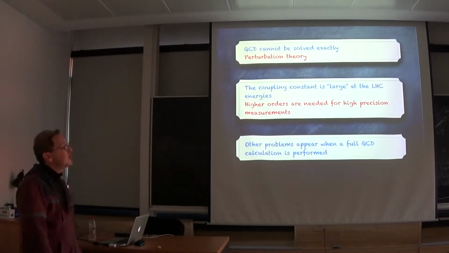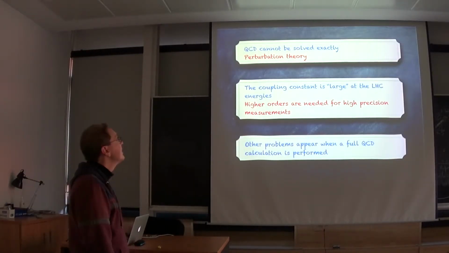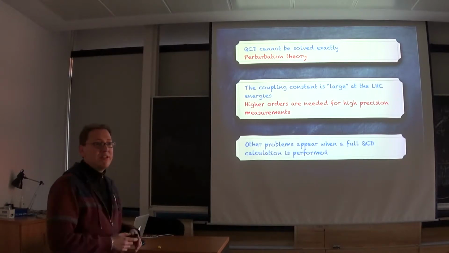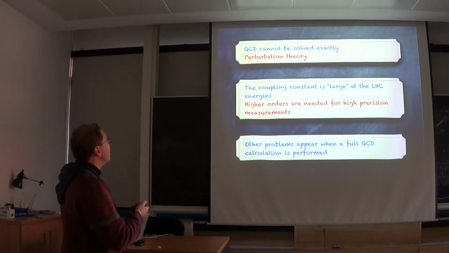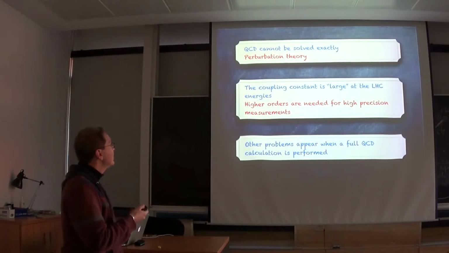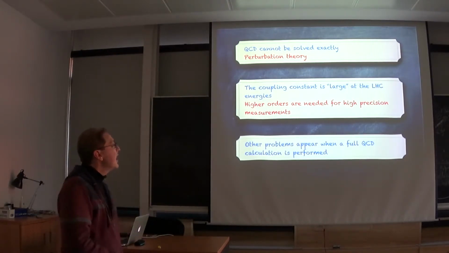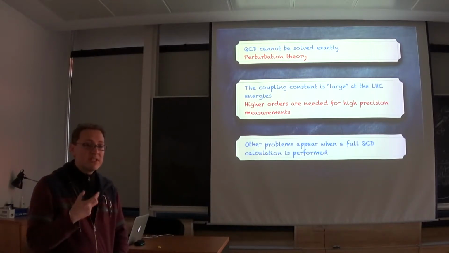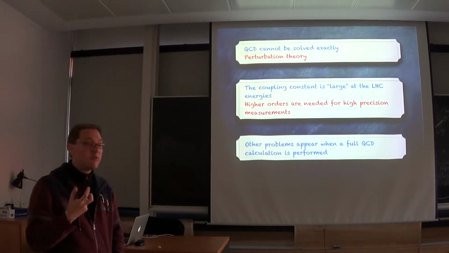So what is the problem of QCD? QCD cannot be solved exactly, so that's why we use perturbation theory. The coupling constant is large at the LHC energy, so we need higher orders in order to increase the accuracy of the theoretical calculation.